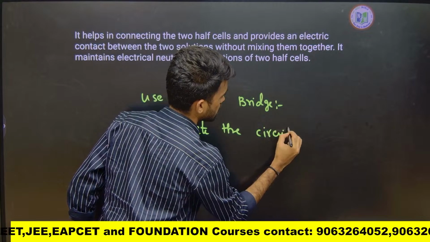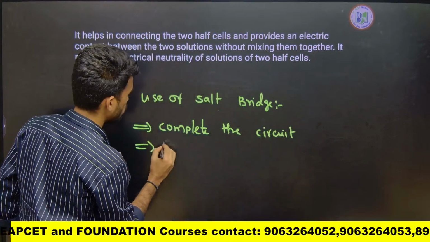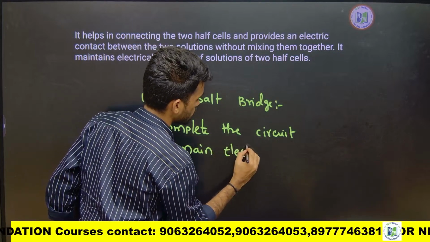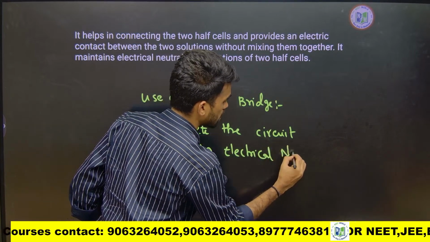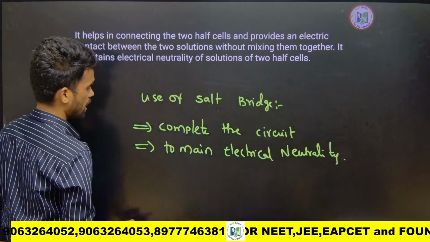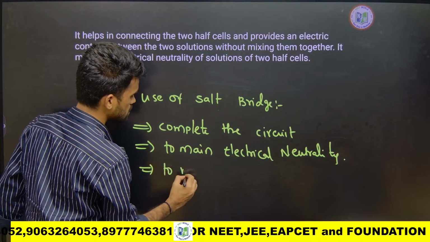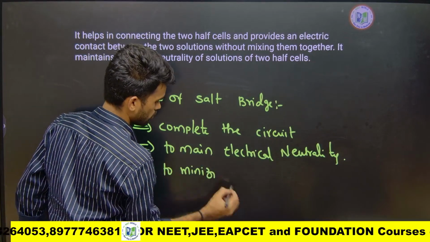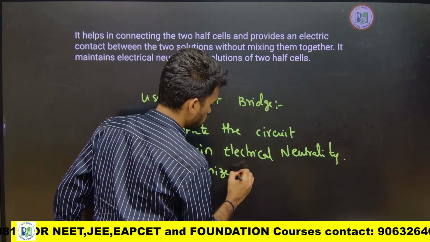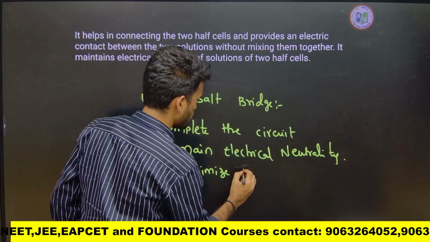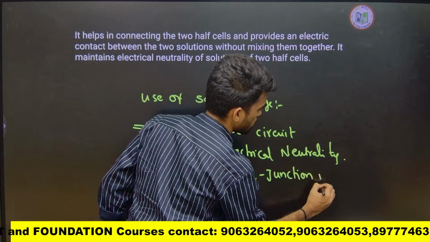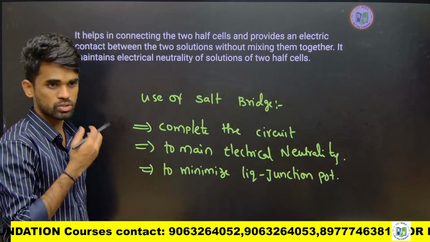This is one thing, and the next thing is to maintain electrical neutrality, and to minimize the electrode liquid junction potential. These are the main points you can remember.